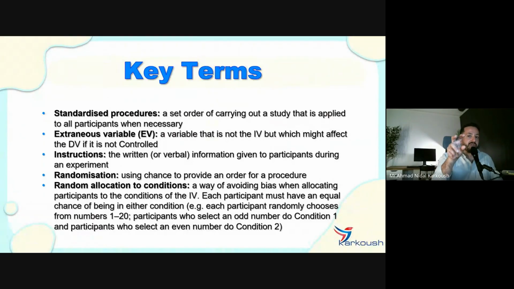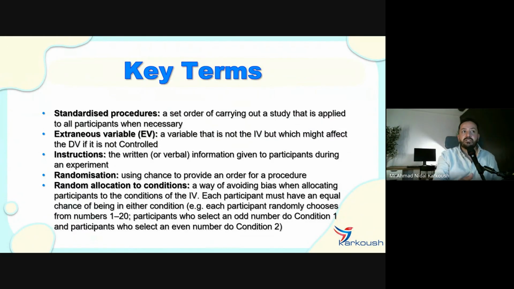Well, the outcome doesn't only depend on the IV, it can sometimes be affected by the EV, which is the extraneous variable, which is a variable that you didn't even count or know of, or actually did not control in most cases. So if you don't really control your EV, it might mess up the whole experiment.